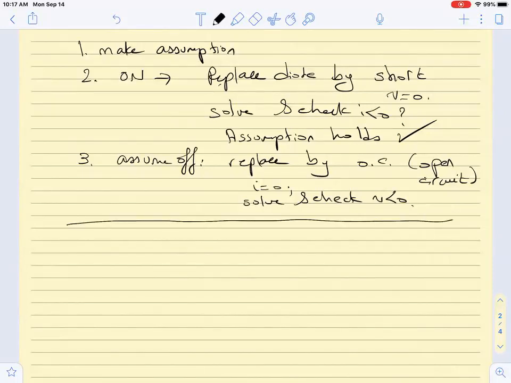So let us take a simple example where we have a 10-volt supply, and this 10-volt is connected to a 1K resistor, and then connected to a diode.